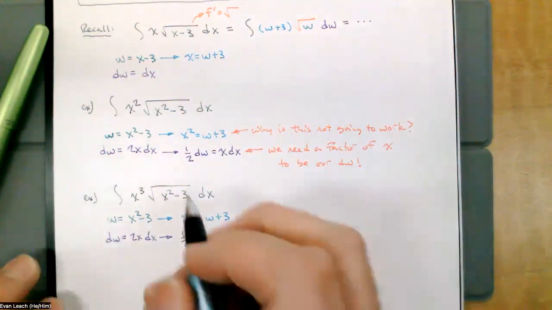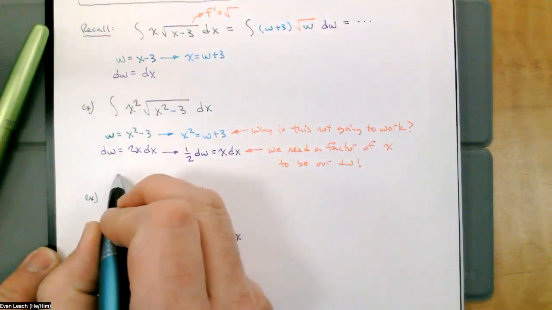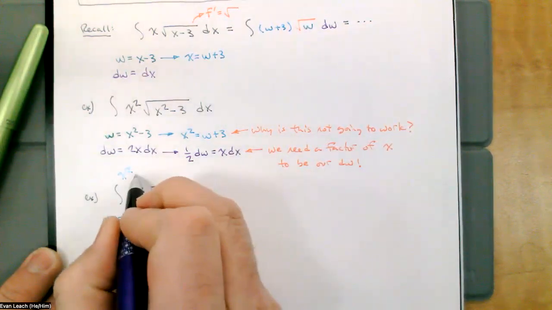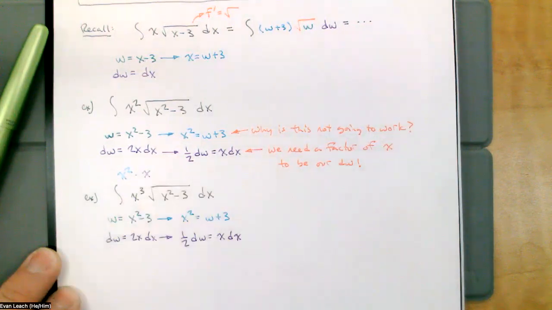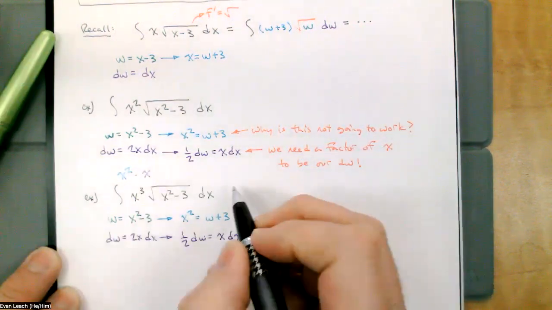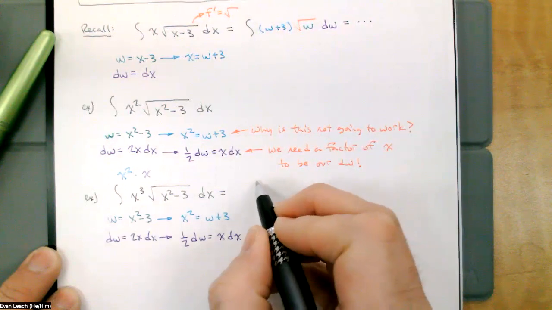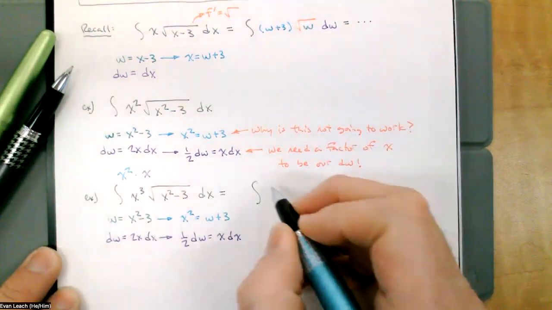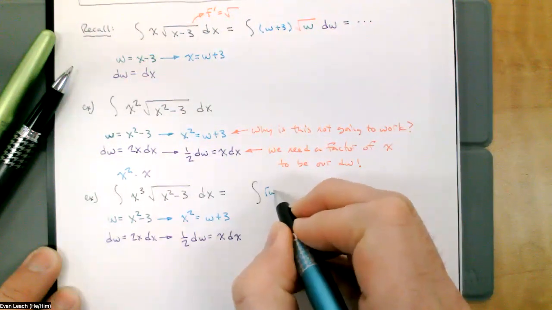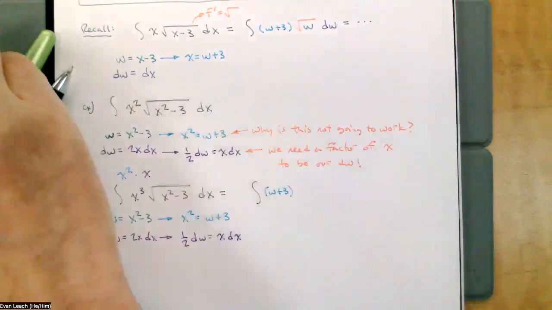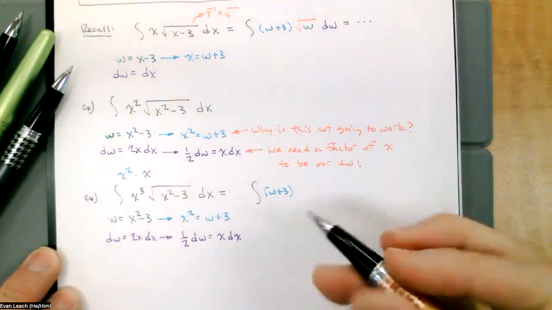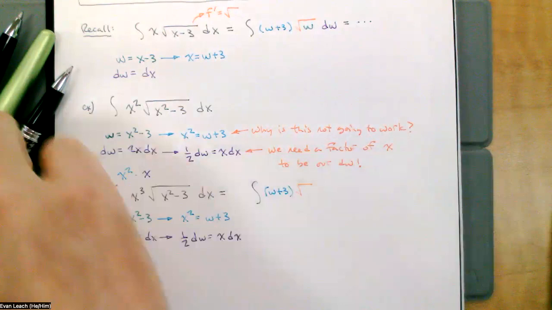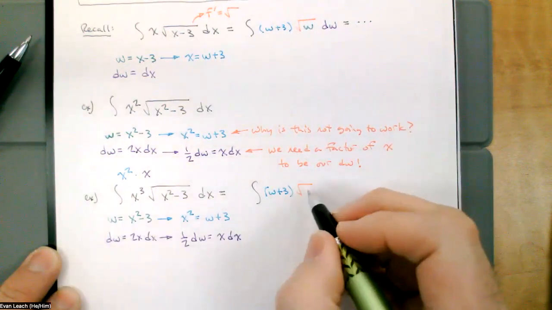So we're looking at this x cubed as an x squared times an x. So my substitution will work. This x squared can be replaced with a w plus 3. My square root of x squared minus 3 can be replaced with the square root of w.